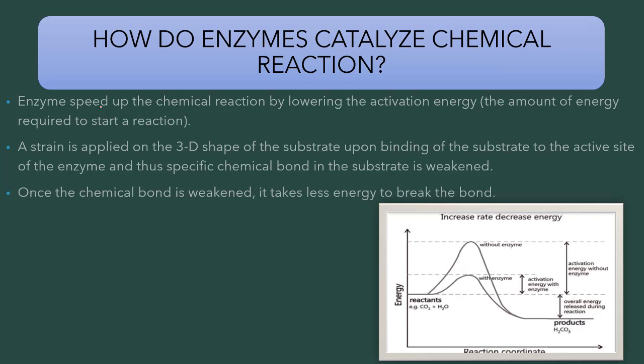We learned about the different mechanisms of enzyme action, that is, the two main theories proposed by Koshland and Emil Fischer, that is the induced fit theory and the lock and key mechanism respectively. Now enzymes speed up the chemical reaction by lowering the activation energy, the amount of energy required to start a reaction. So what exactly is activation energy?